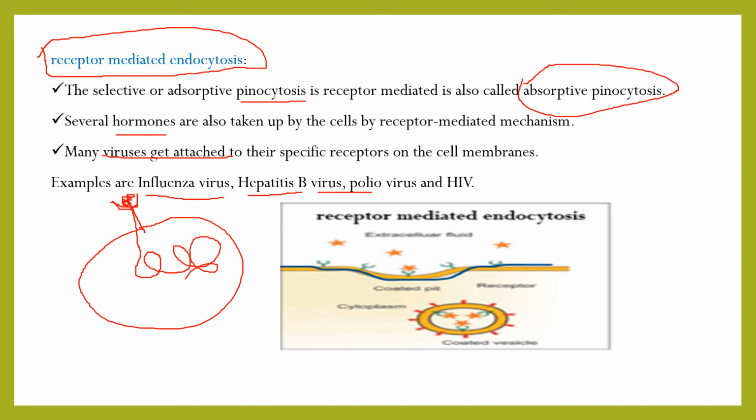Once they are attached to the receptor protein, immediately the cell membrane is pinched off and makes a vesicle. Then after, the vesicle will be taken into the cell. So in this mechanism, receptor-mediated endocytosis helps the cell to bring molecules into it.